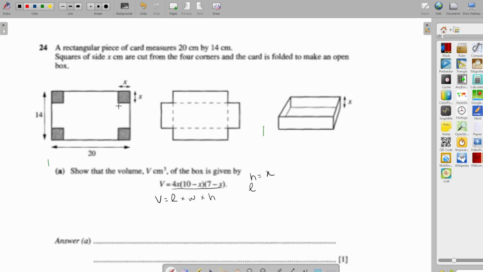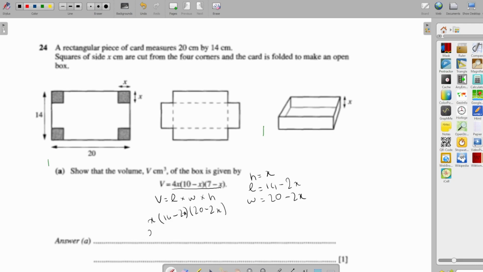The length, which I'm going to take as this bit, is actually 14 minus 2x, taking off x from both sides. And then the width is the same, it's 20 minus 2x. So if we do that, we have x multiplied by 14 minus 2x multiplied by 20 minus 2x, right?